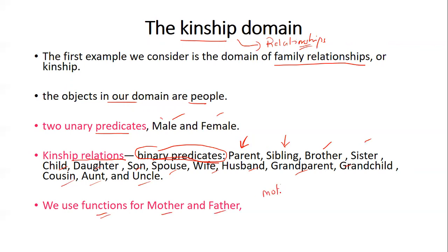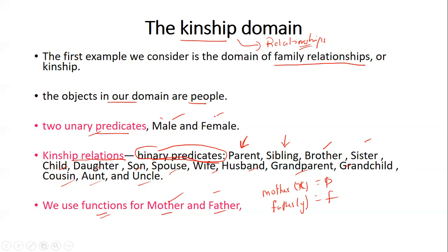Mother of X will return the person who is the mother of X. If F is the father of Y, then father of Y will return F. So we are using two unary predicates, male and female, these many binary predicates, and two functions, mother and father.